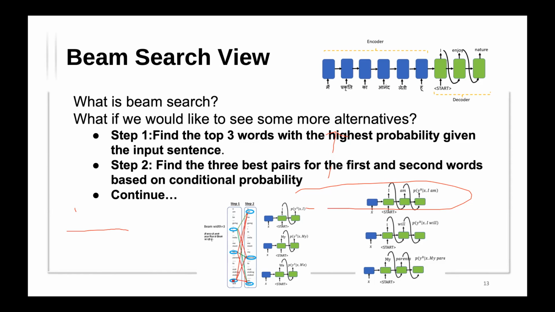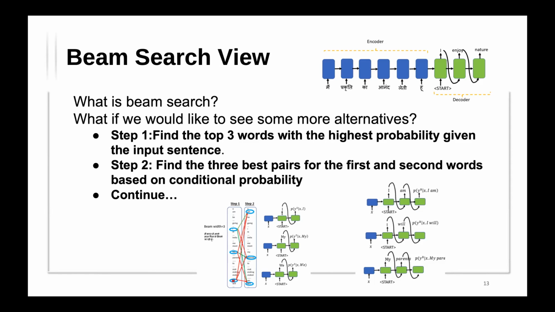And then in step 2, for each of those 3 words, it would find 3 best pairs, for the first and second words, based on the conditional probability. That means, let's say you have 1,000 words in your vocabulary, and then you have the top 3 words. The number of candidates was supposed to be exponentially increased, right?